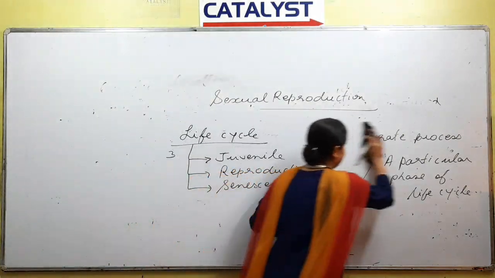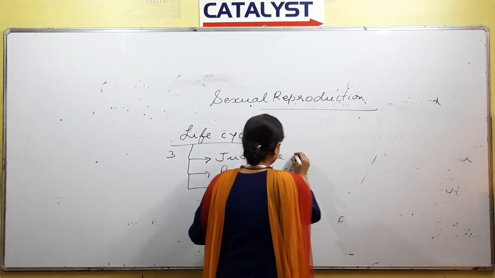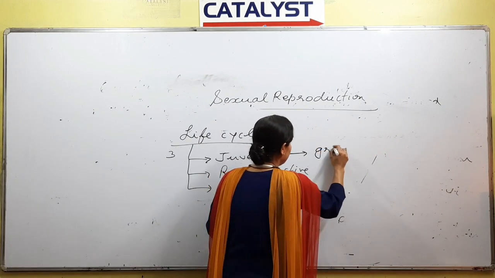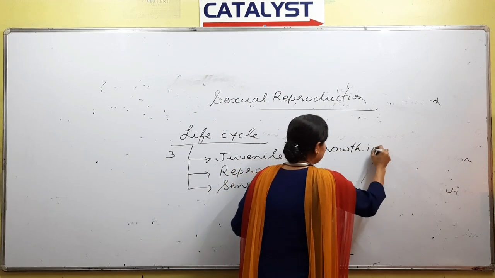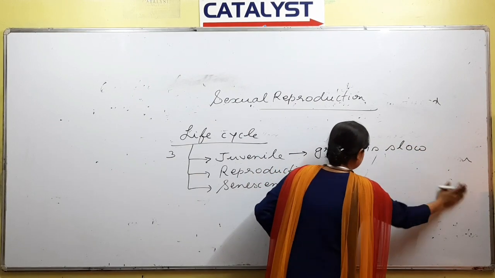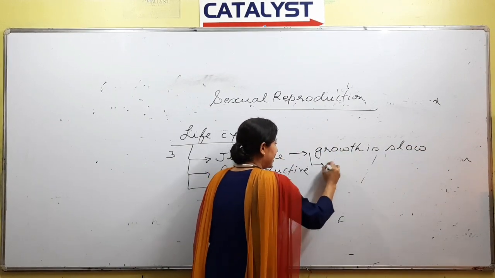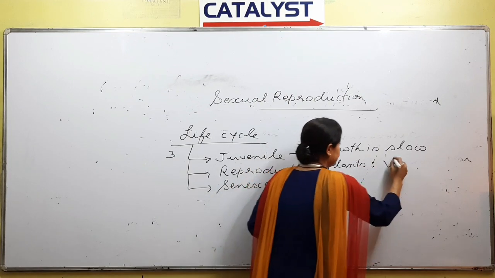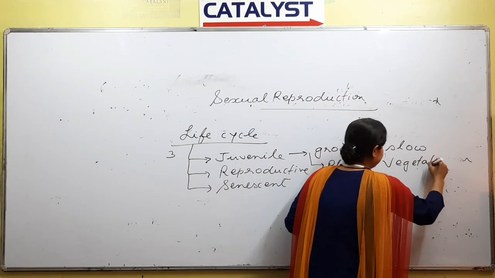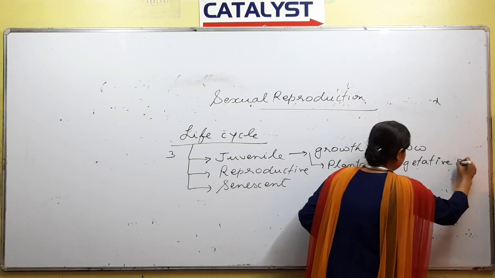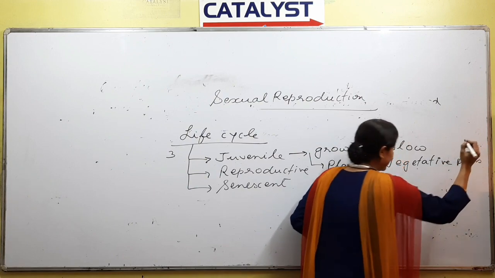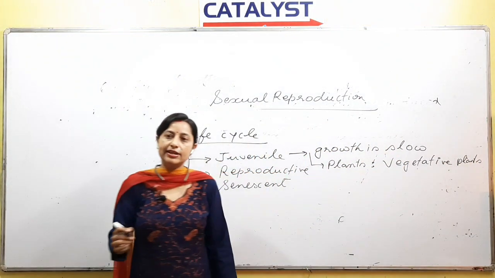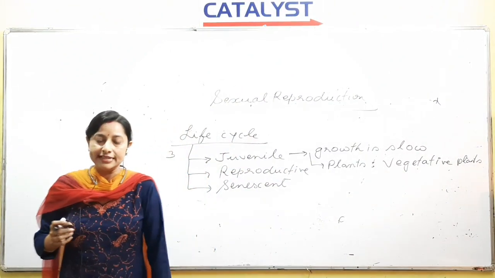So the life cycle has three phases: the juvenile phase, the reproductive phase and the senescent phase. In the juvenile phase, the growth is very slow. In the case of plants, this phase is called the vegetative phase. Plants are divided into two phases: the vegetative phase and the reproductive phase.